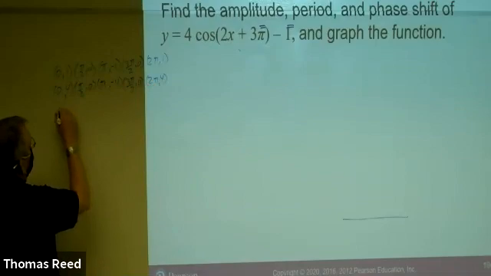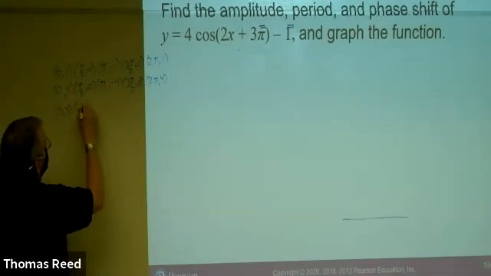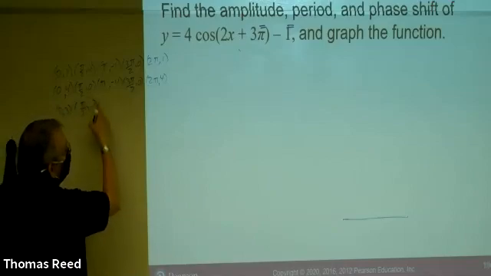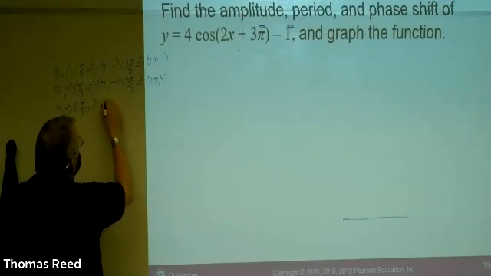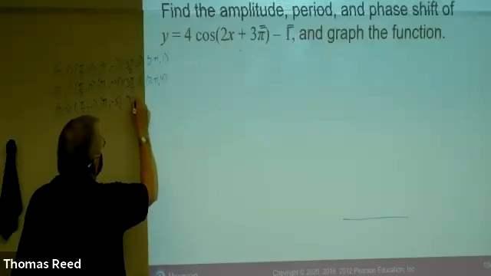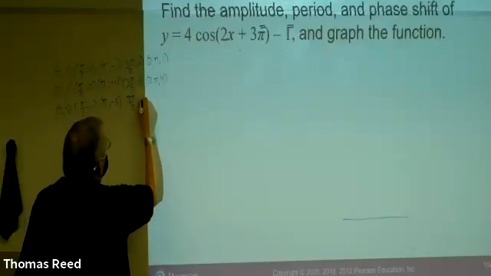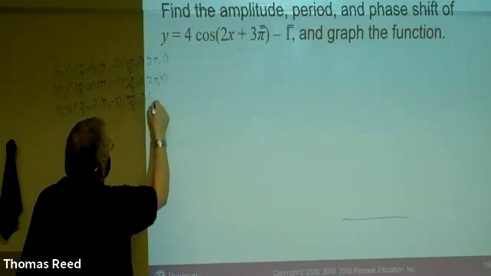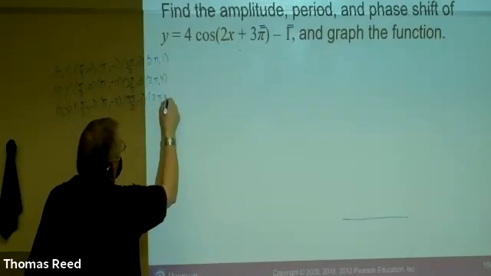So now it goes from 0, 3 pi over 2, -1, because 0 - 1, and then pi -5, because -4 - 1, and then 3 pi over 2, -1, and then 2 pi 3 again.